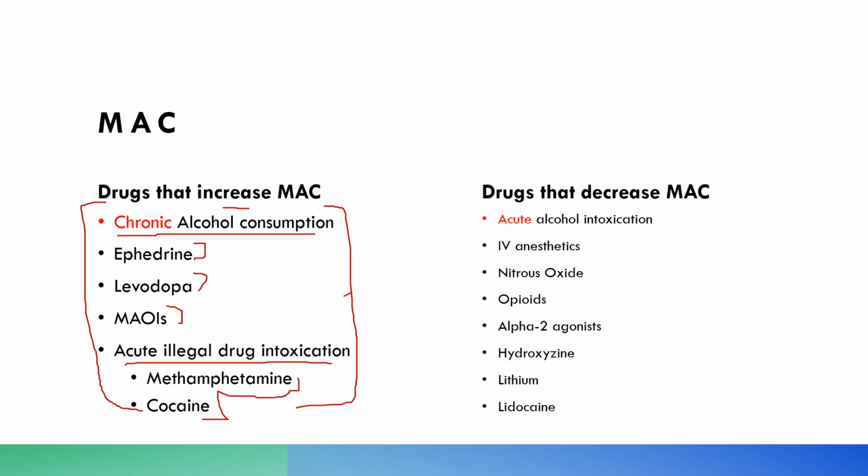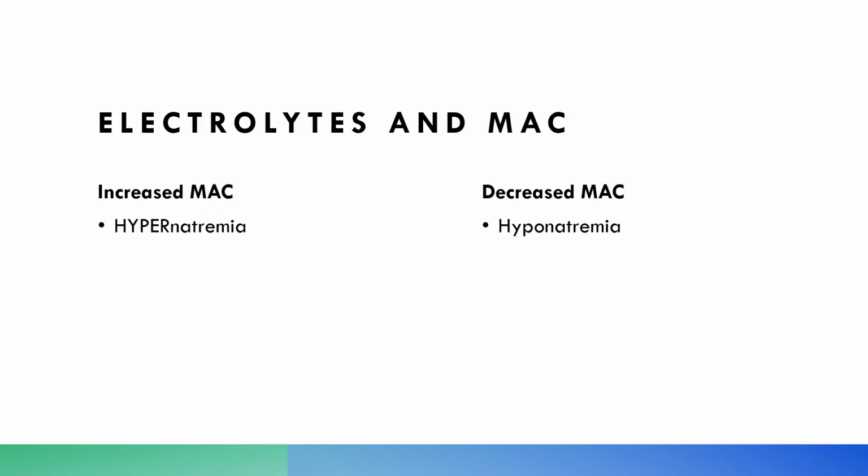Drugs that decrease MAC: acute alcohol intoxication. These patients have already done most of the work for us. IV anesthetics, nitrous oxide, opioids, alpha-2 agonists like Precedex, hydroxyzine, lithium, and lidocaine. For electrolytes, there's really one main electrolyte that we need to remember.